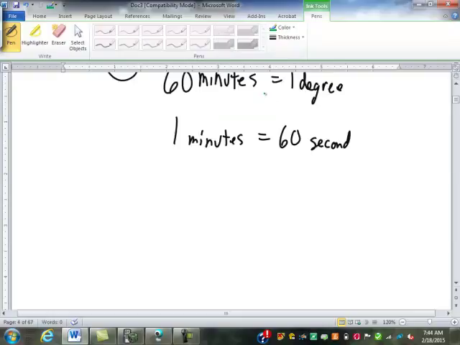The symbols. Let's say we have something that is 3 degrees, 28 minutes, 39 seconds. We use that. So you've got to be careful here. This is the same as the symbol for feet and inches. So you've got to make sure you know what you're talking about. Where it really gets confusing is if you have something written like this.